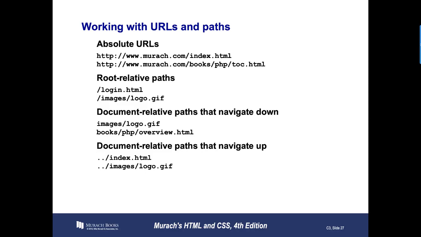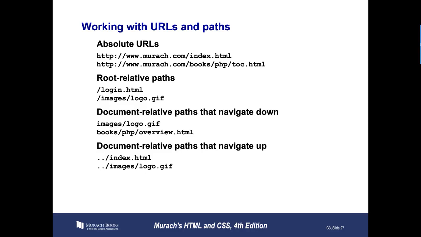Then you have root relative paths, which say, hey, go to the root of the website and look for login.html, or go to the root and look for images and then the logo.gif file. And then you have document relative paths that, depending upon the page that you're currently on, will look in the images folder at the same level and look for the logo.gif file, and same thing for books.